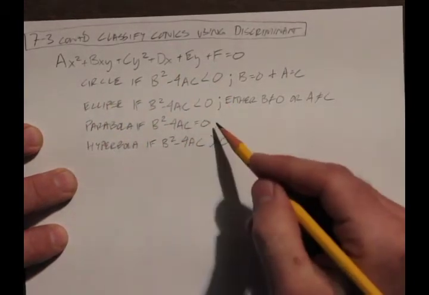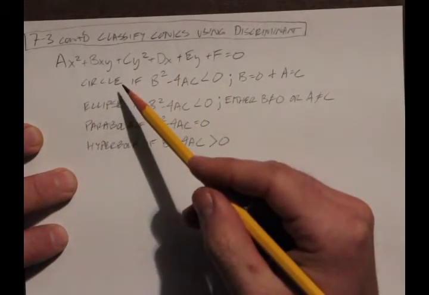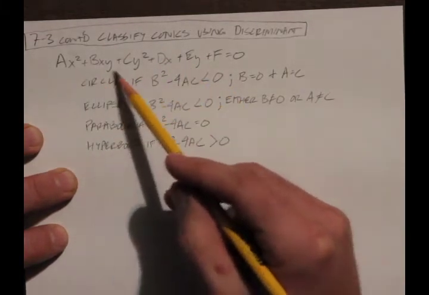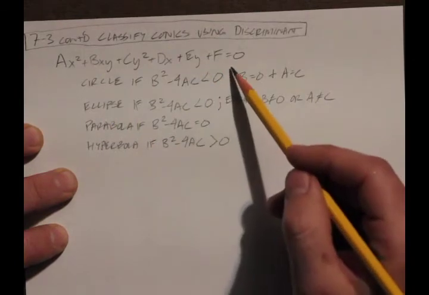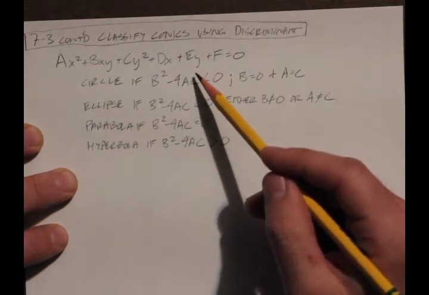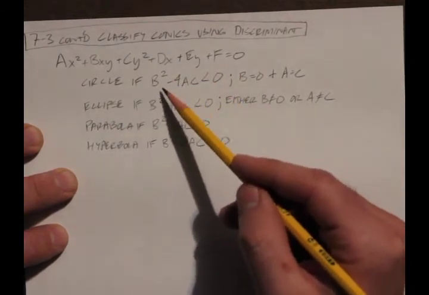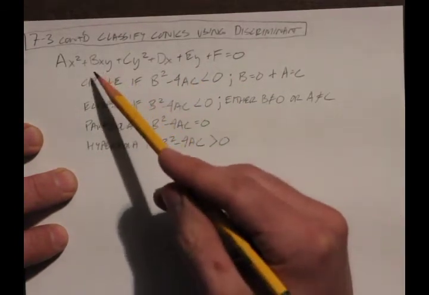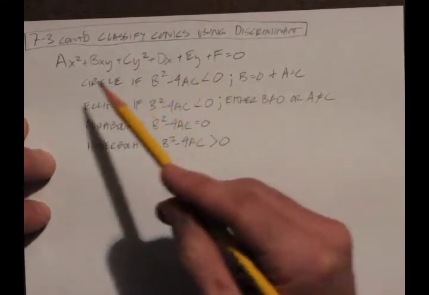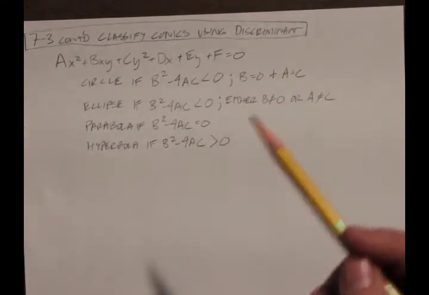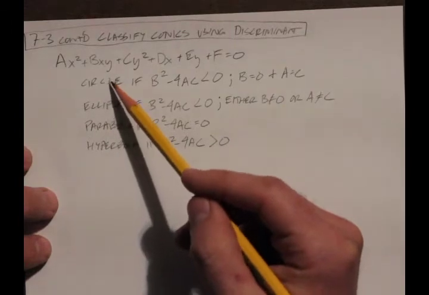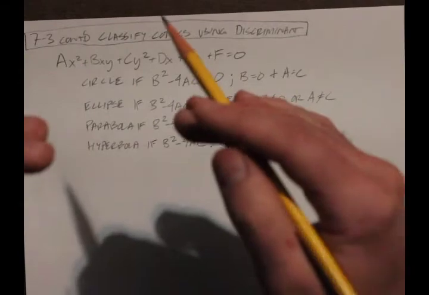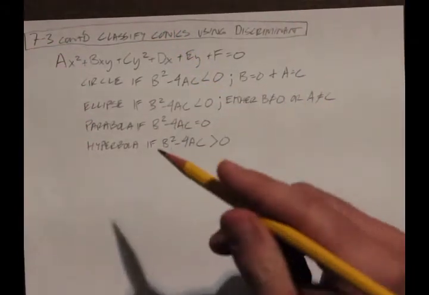Alright, so here's the information we're going to use. Now, if you were on a test and you were asked to classify a conic, given some equation, and you forgot how to use the discriminant, you could get this into standard form of a circle or an ellipse or parabola, with the two fractions equals 1.